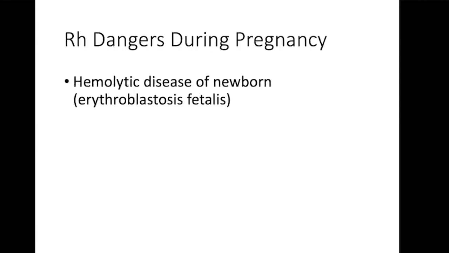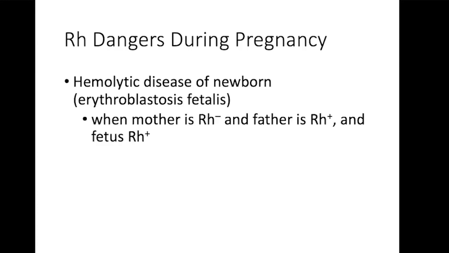Hemolytic disease of the newborn, or erythroblastosis fetalis, may occur if the mother is Rh negative and the fetus is Rh positive. If this is the mother's first birth, she will come in contact with the Rh positive blood of the baby and produce antibodies. Rh factor antibodies are not present until after exposure.